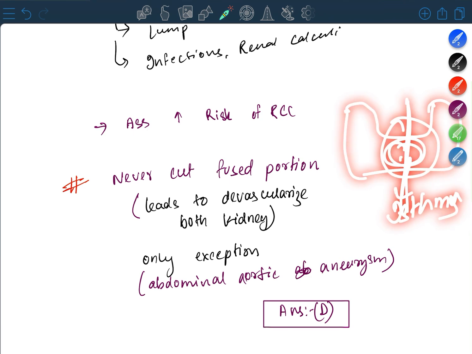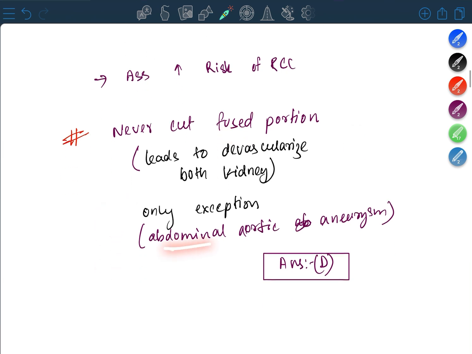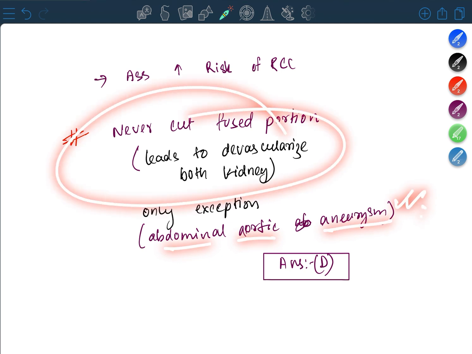The blood supply to both the kidneys may get hampered. So this is a very big risk. So we do not devascularize. We do not cut the isthmus. That portion is never cut. Only exception when it is cut, only when the patient has abdominal aortic aneurysm. Only in this condition it is cut, but we never cut it normally.